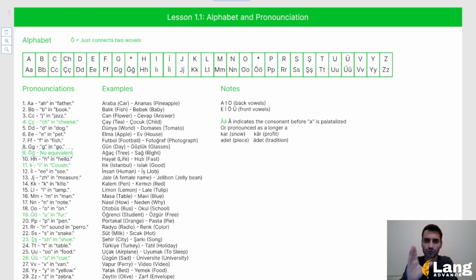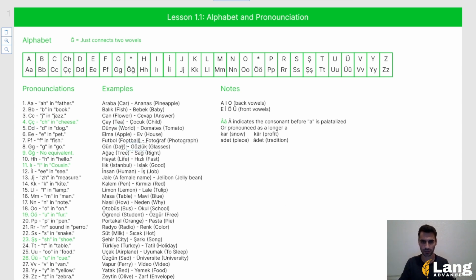Okay, another new one is yumuşak G. Yumuşak means soft. So it means soft G actually. So what does soft G do? It connects two vowels or prolongs a vowel. That's it.